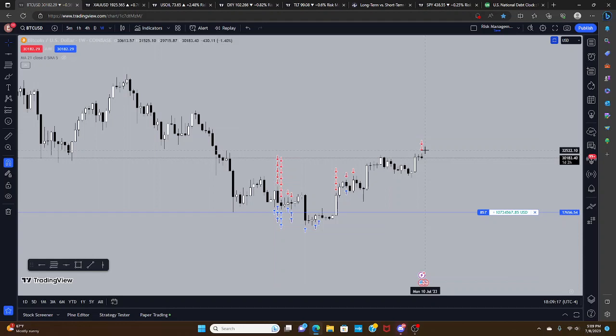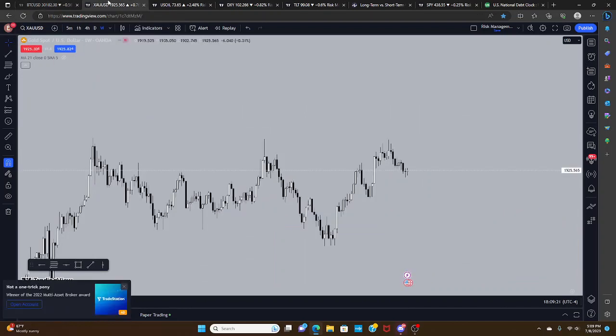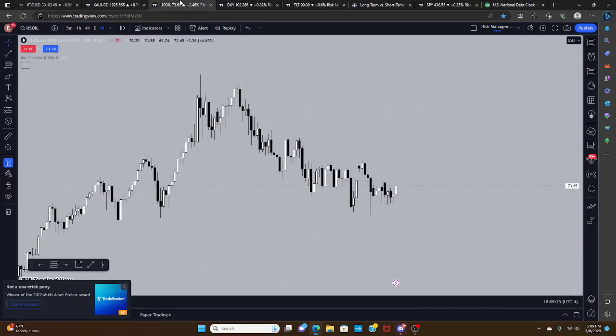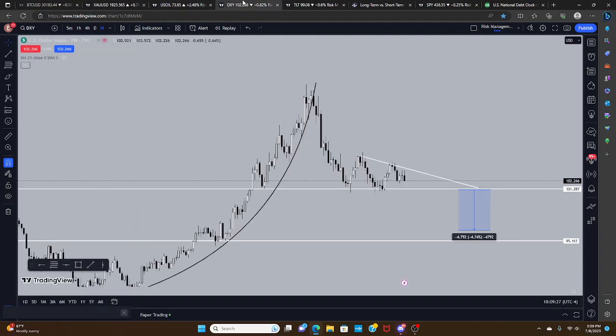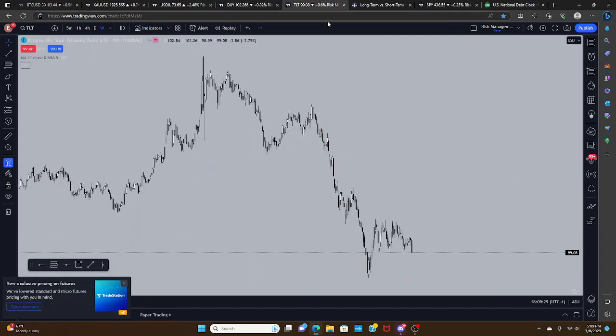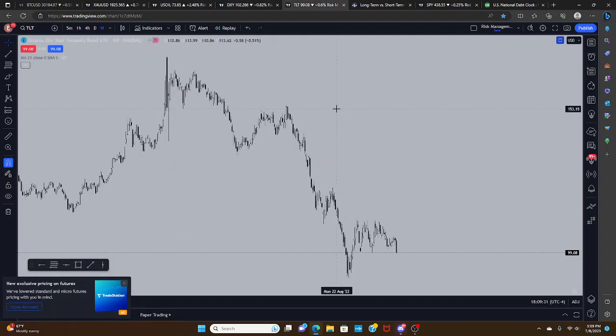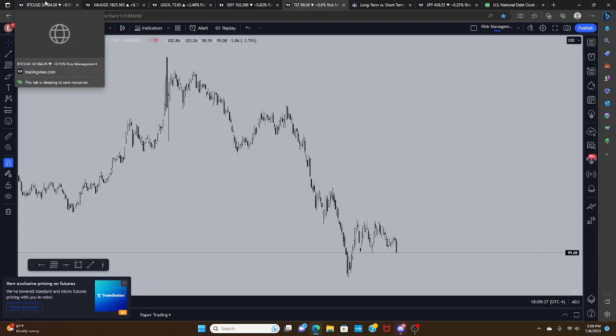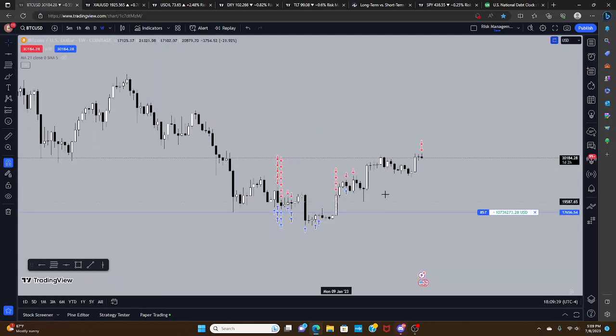So for me, I've got all these different assets up here. We've got Bitcoin right here, gold right here, oil right here, the dollar, and then TLT, which represents a 20-year Treasury bond ETF. If you're going to construct a portfolio, you're going to have some Bitcoin in it.